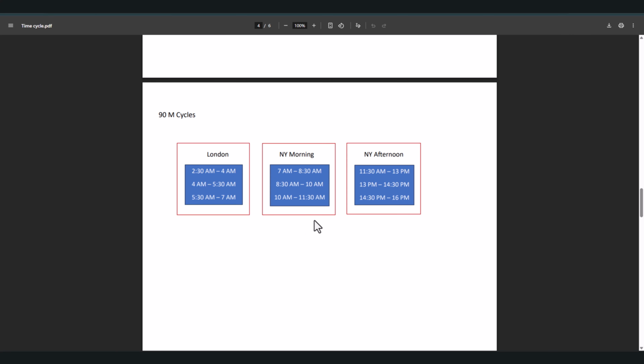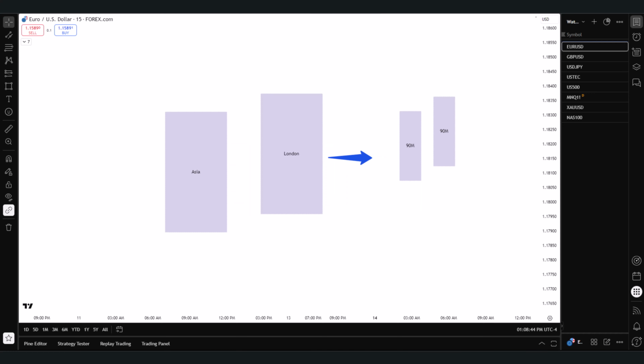What was step 1? Determining the bias based on session. And step 2, determining the bias again based on 90-minute cycles. So let's see an example here.